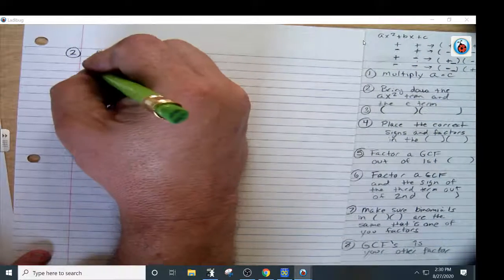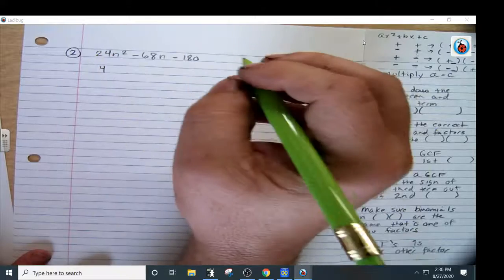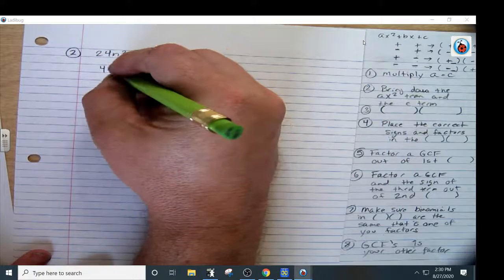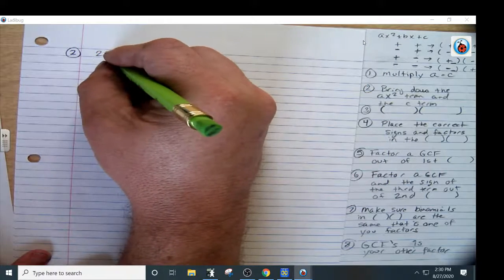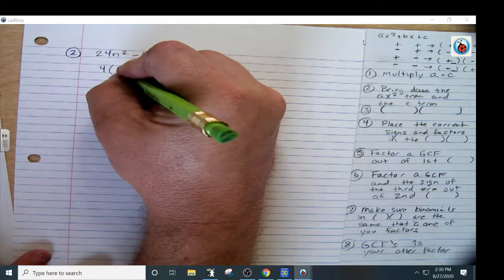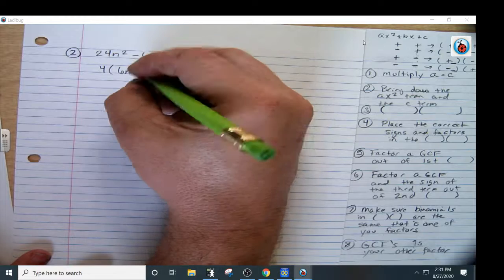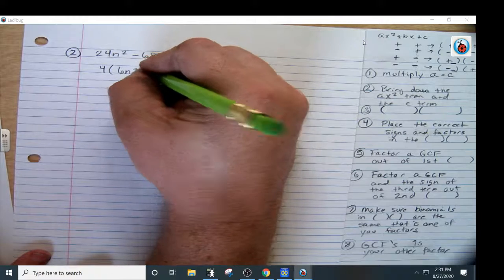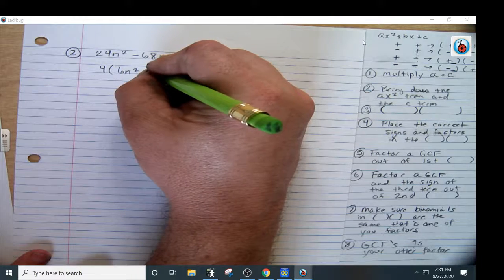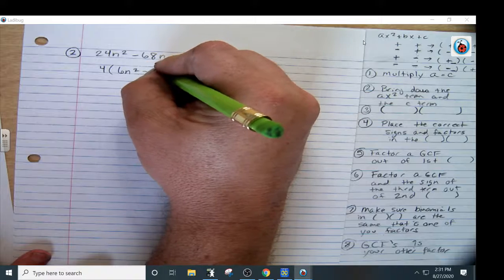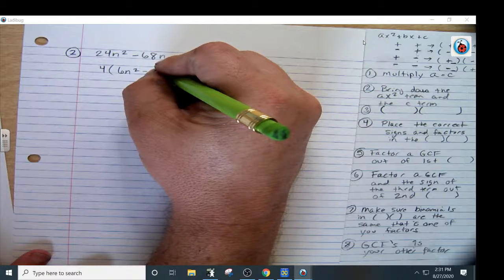Okay? So now, 24 divided by 4 is 6. 68 divided by 4 is 17.